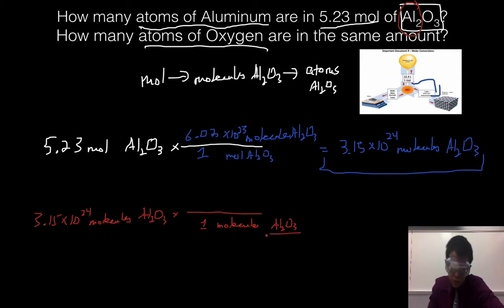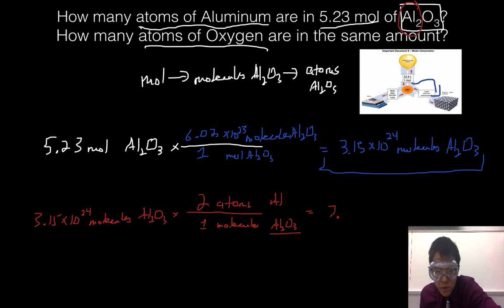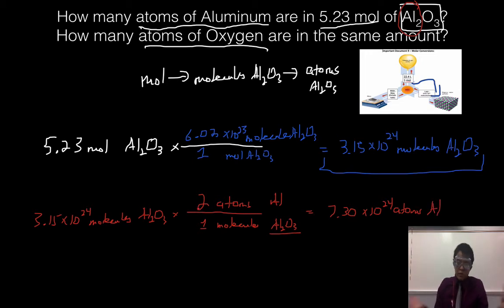And I look at my Al2O3 and I say, oh, there are 2 atoms of aluminum in Al2O3. And so I'm just taking this times 2. So there are 7.30 times 10 to the 24th atoms of Al, because for each molecule of Al2O3, there are 2 atoms.